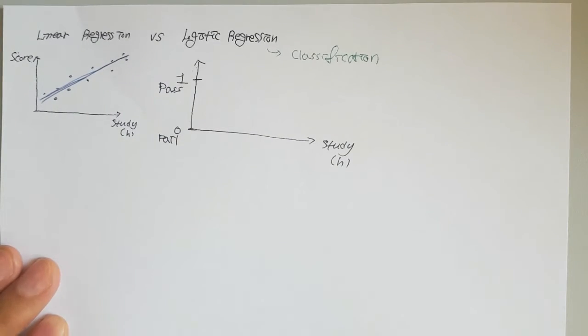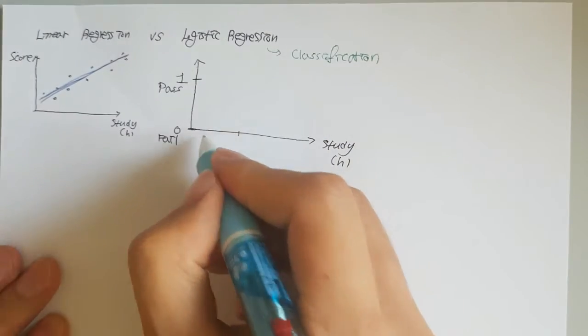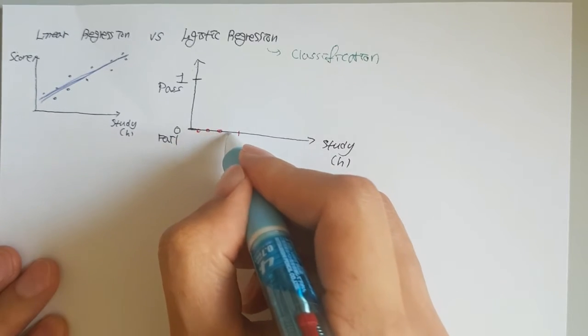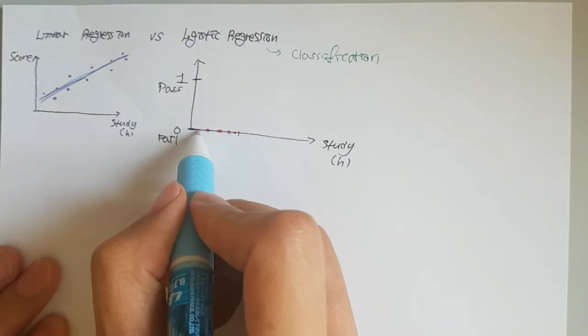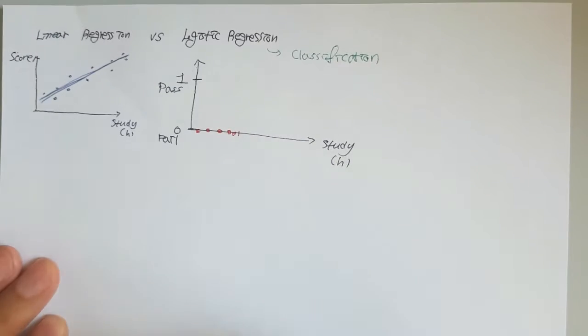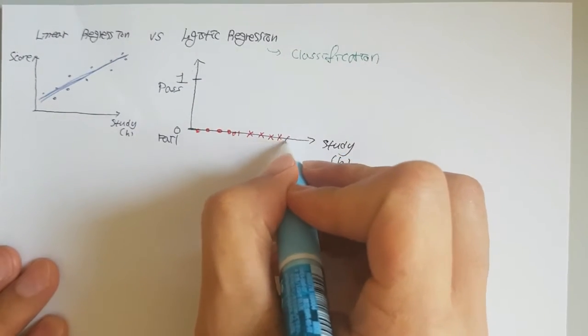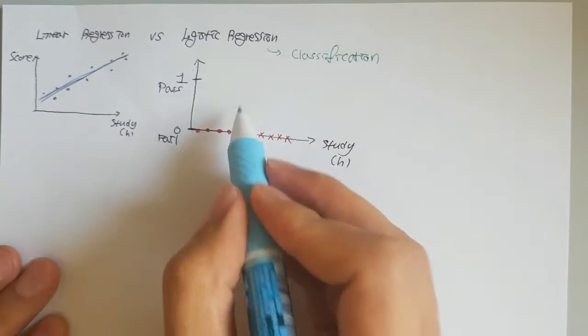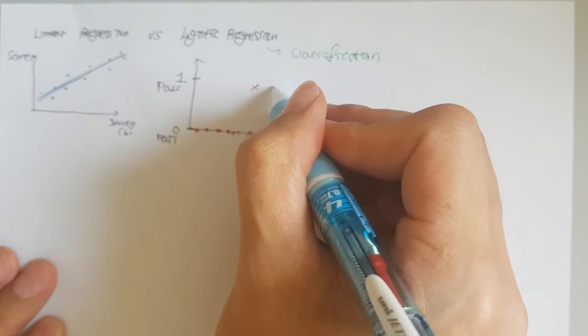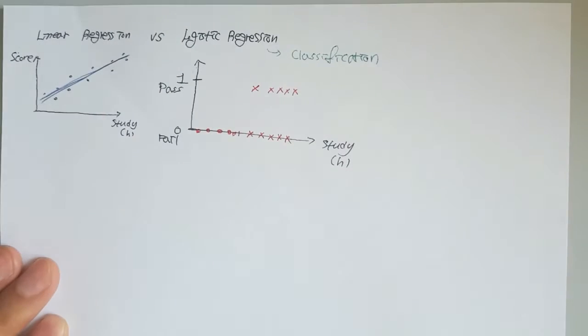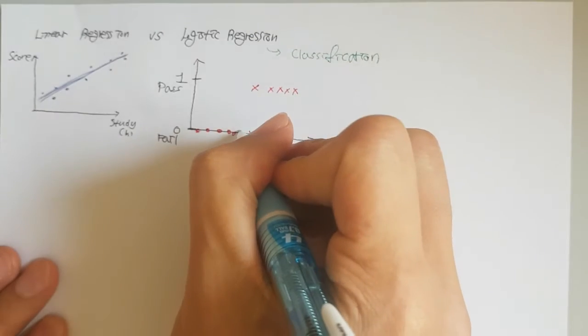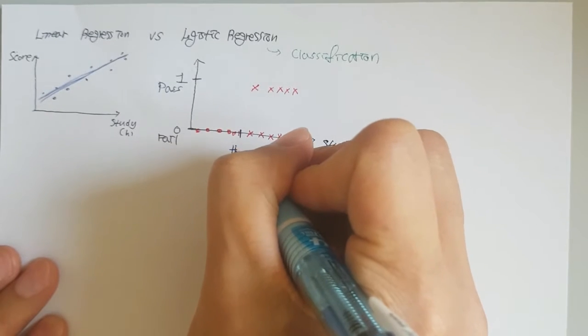Therefore, if we study until a certain time, then we will just fail. But if we study quite a bit longer, then we can say we will pass the exam. So this will be the threshold value.